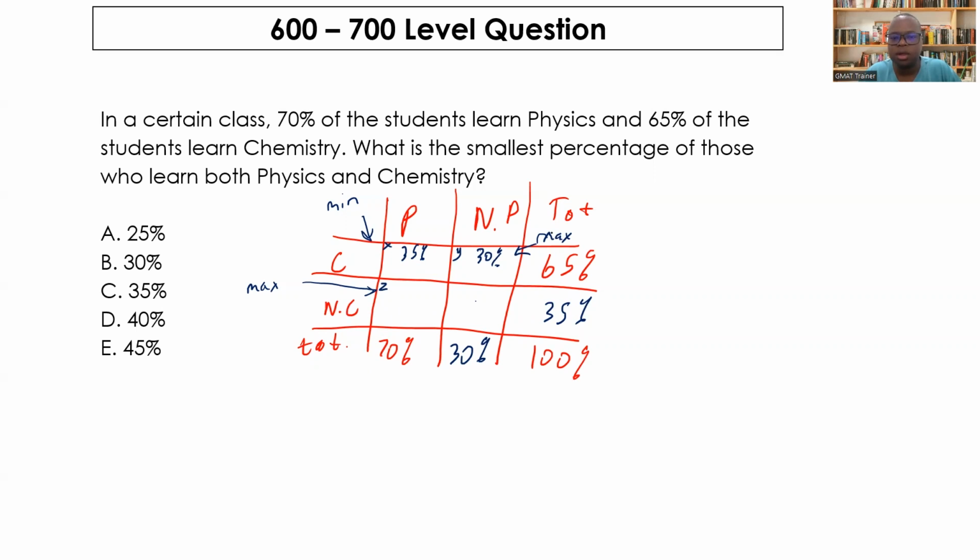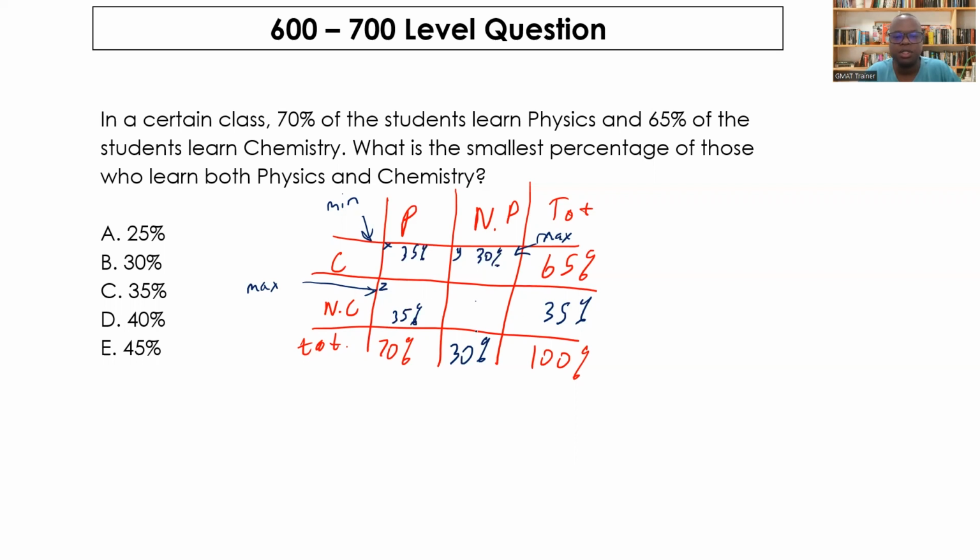Those who don't take chemistry is 35%, and those who do take physics are 70%. Then the maximum value for those who take physics and don't take chemistry could be 5%. Let's write that here too.